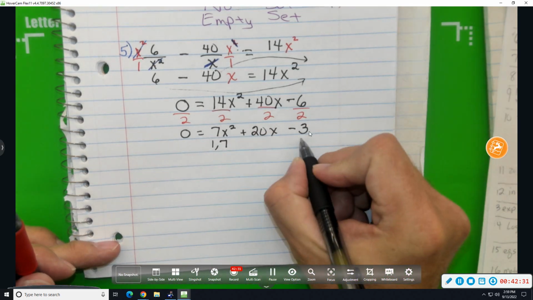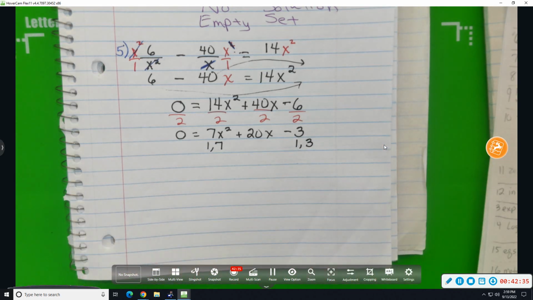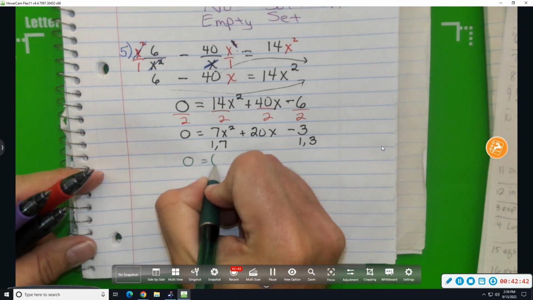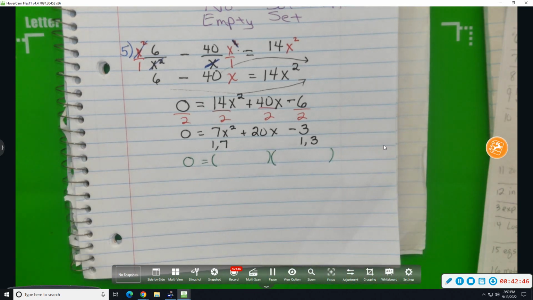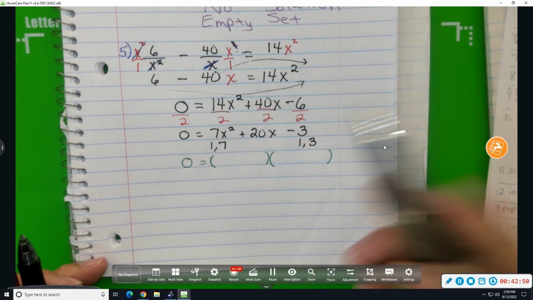Only one pair of factors: 1 times 3. So I agree, Tony. That's definitely going to be easier numbers. I'm going to write my 2 sets of parentheses. And what about the signs? The second sign is minus, so plus minus, good.